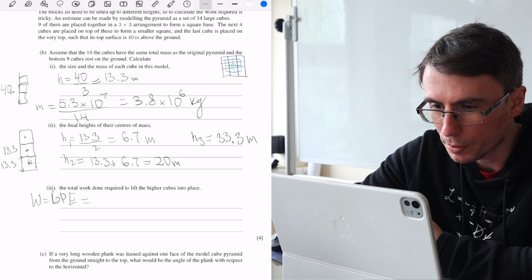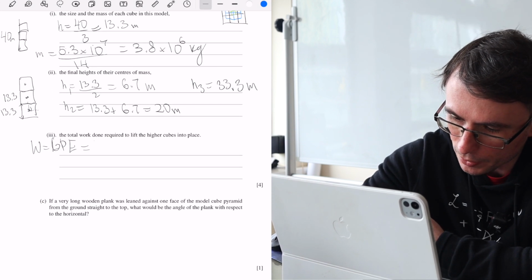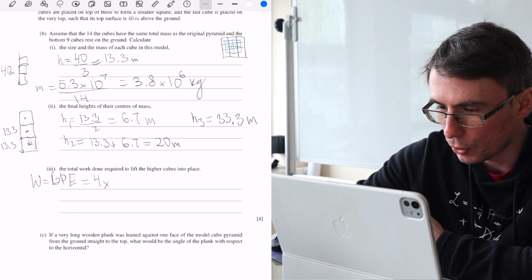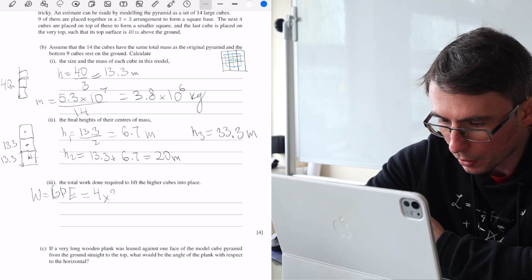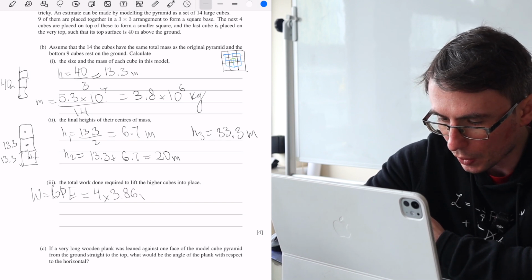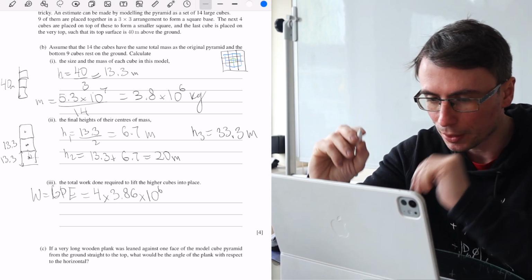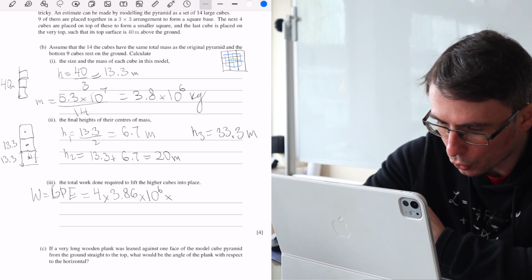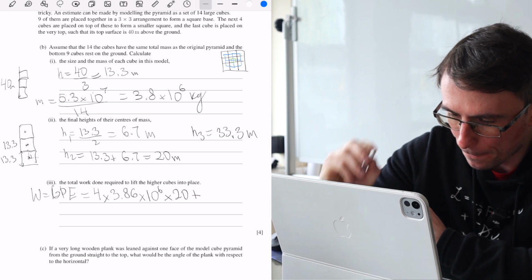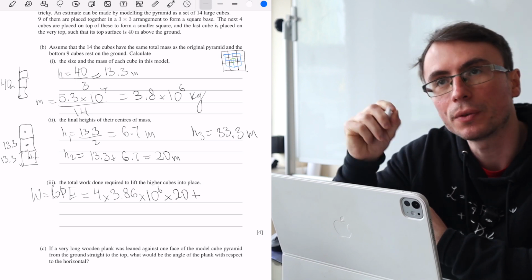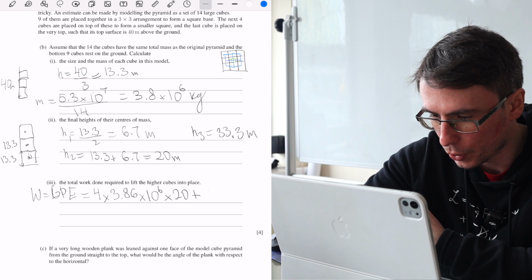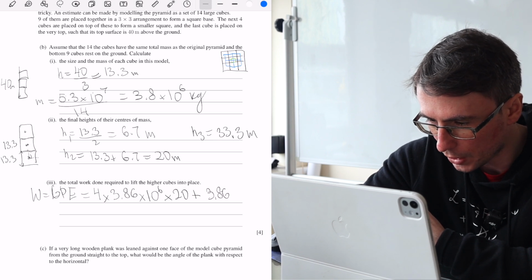The next 4 cubes in place, so it's going to be 4 times the mass of an individual block, which is 3.86 times 10 to the power of 6. And then its center of mass needs to be lifted to 20 meters, plus the mass of the only cube at the top, which was 3.86 times 10 to the power of 6.